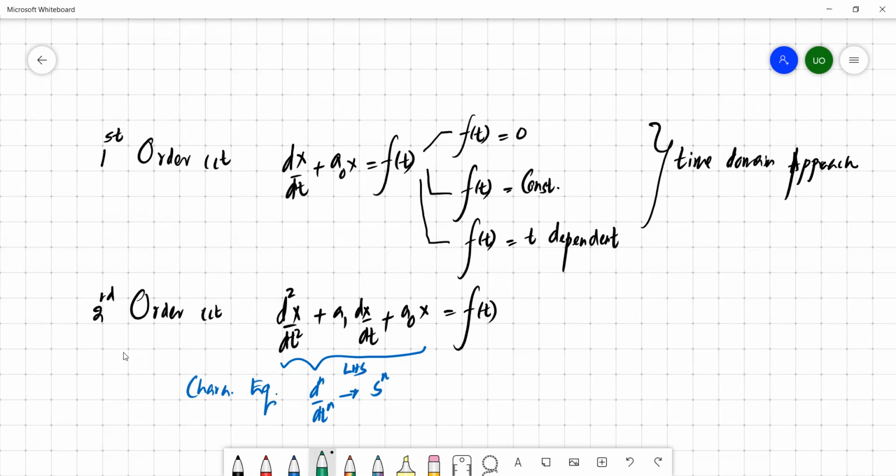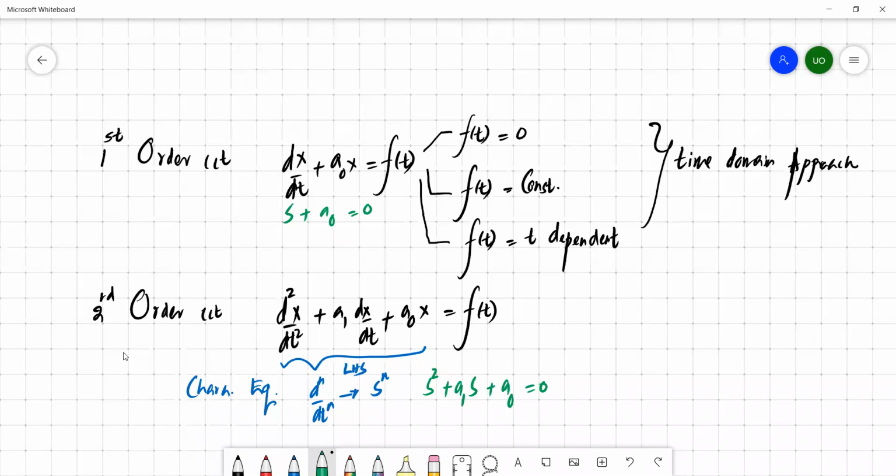In this case, we end up with s squared plus a1 s plus a naught equals 0. Similarly, for the first order differential equation, you end up with a corresponding form. The roots of this characteristic equation give the exponents of the natural response.